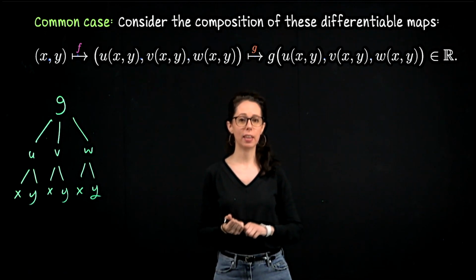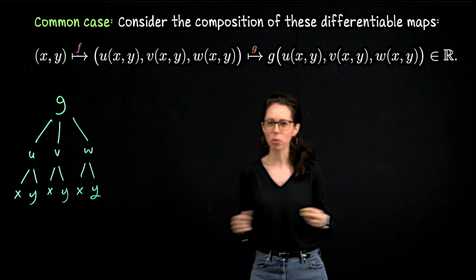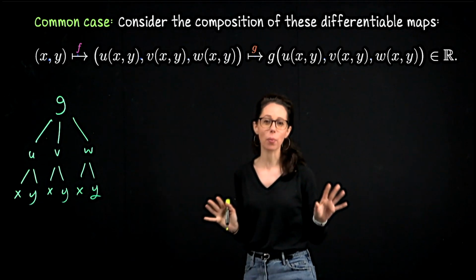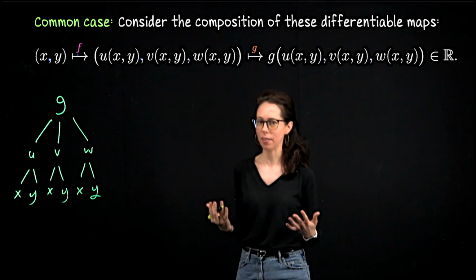Let me first give you the formula that we often just give in multivariable calculus, and we don't necessarily say where it comes from. At least that's not the tradition that I've seen.